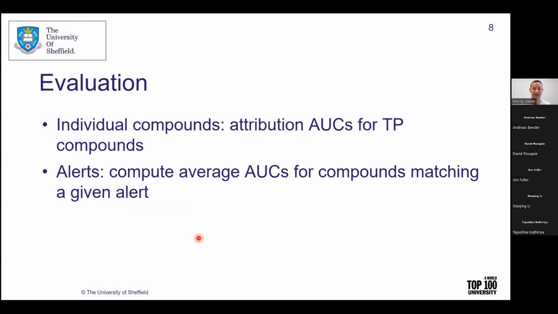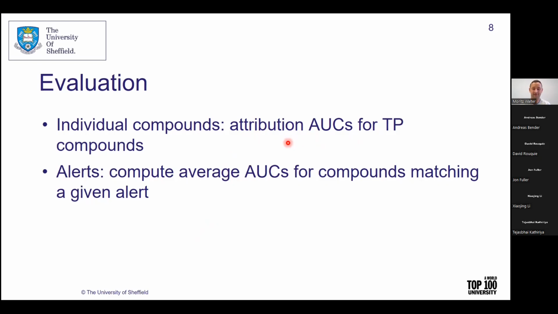So how do we evaluate the model explanations? As I've shown before, we end up with atom attributions, a continuous number that tells us how important a given atom is for a prediction. To evaluate how well this explanation matches the ground truth, we use something called attribution AUC. It's the same as the normal ROC AUC score used to evaluate classifiers.